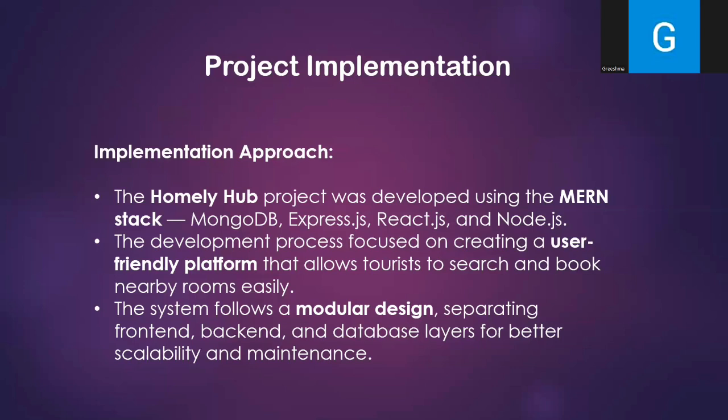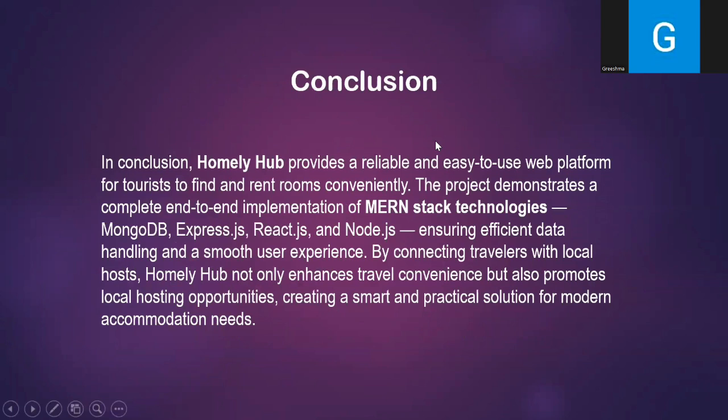Now that we have understood the technical implementation, to conclude, our project Homely Hub showcases the effective use of the MERN stack in developing full stack web applications. The platform provides a simple, secure, and user-friendly way for users to find and list available rooms easily.